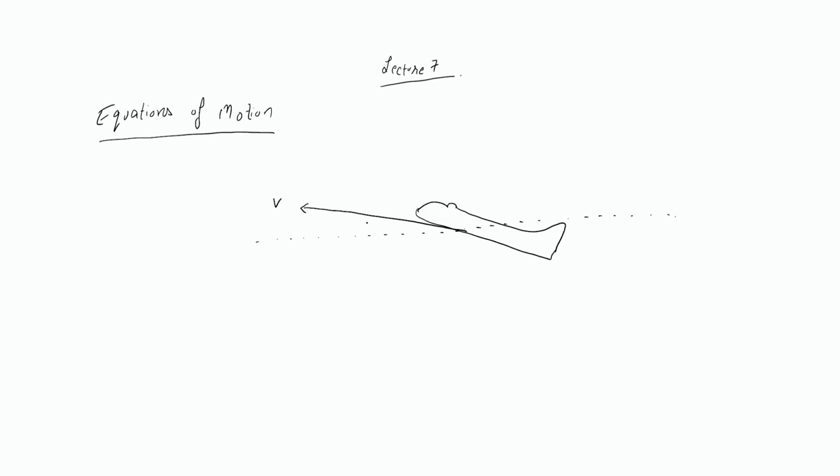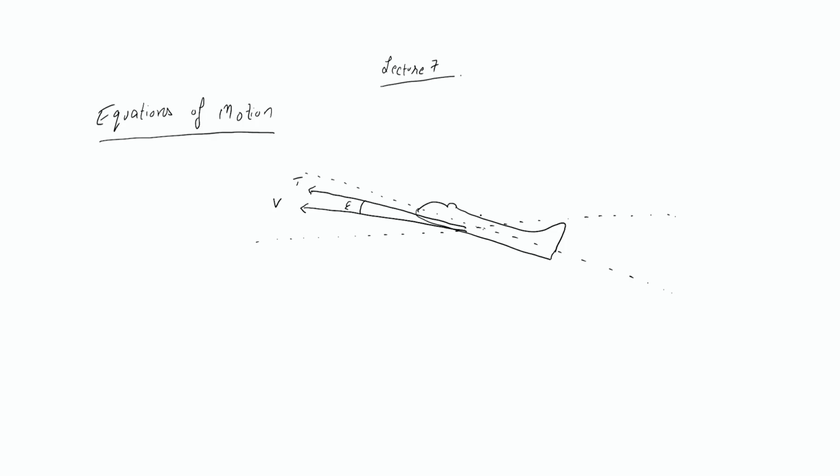So this is the direction where the aircraft is going. Let me draw the chord line first. And we'll assume there is an offset to the thrust. This is capital T, offset to the thrust by angle epsilon. Now the lift vector, we know will be perpendicular to the velocity.